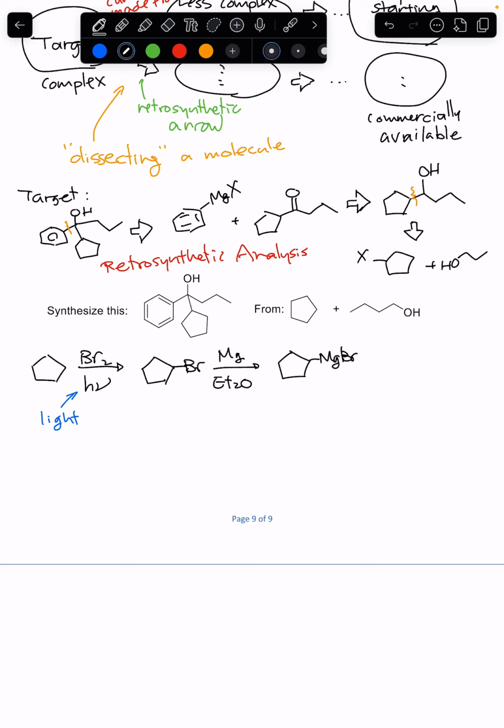Now, that's the Grignard reagent we need to make this secondary alcohol. Now, to make the carbonyl compound that you need for that from the starting material, well, 1, 2, 3, 4. I think I was missing a carbon there.